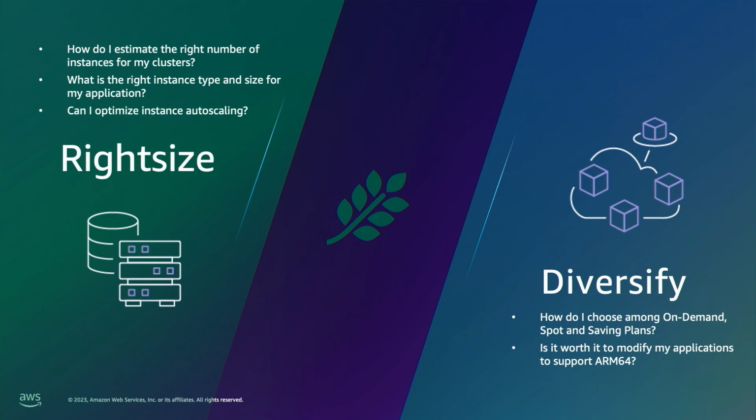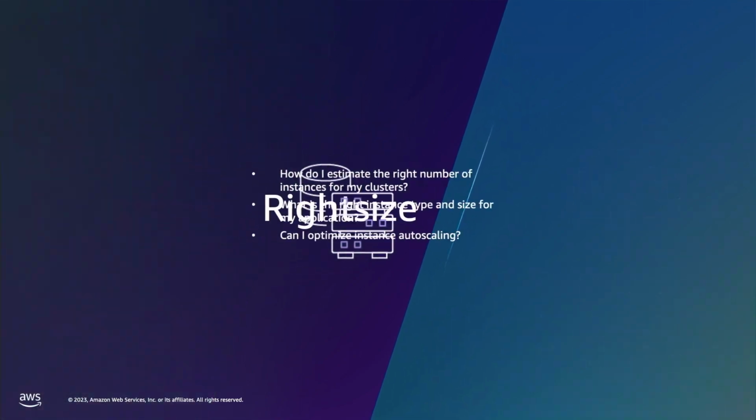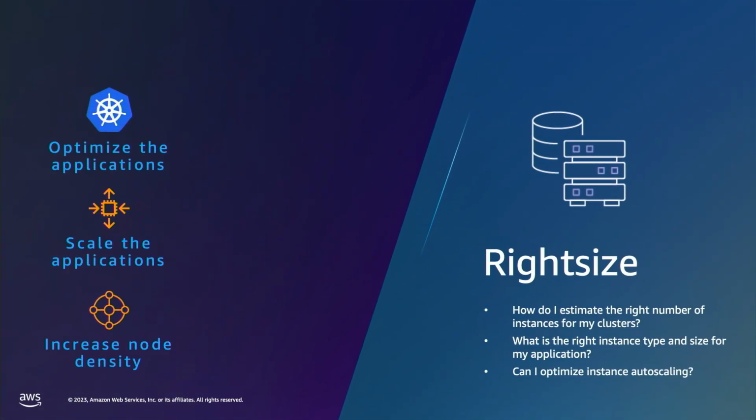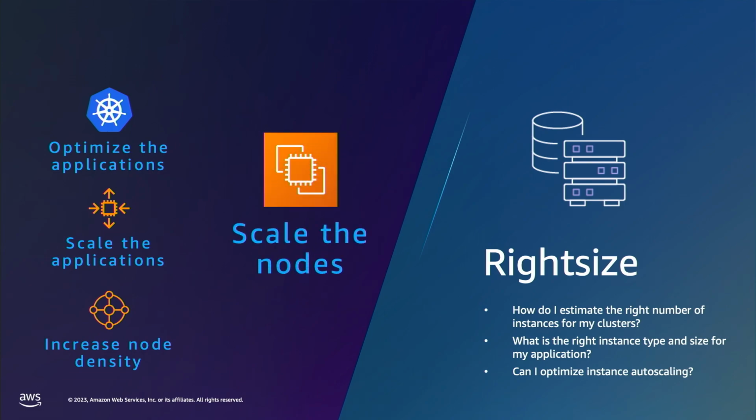So starting from right sizing, here we will be talking about nodes, right sizing the pool of nodes, the data plane. But if you think about it, always take a layered approach in right sizing. Kubernetes is not only about scaling the nodes, it's also about optimizing the application, scaling the application, if needed, increasing the density on the node to be able to schedule more pods on the same node.